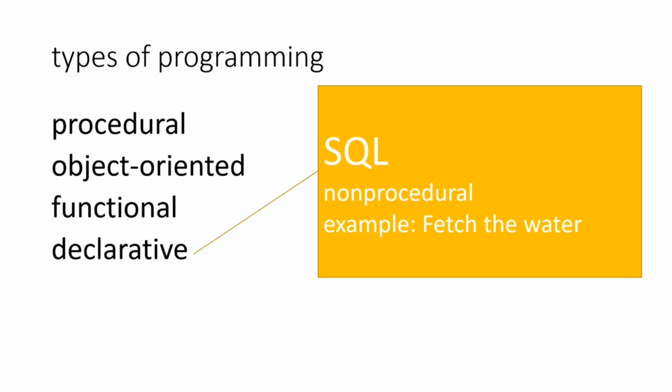For example, in procedural, if you wanted to fetch water down the stream, you need steps on how to do it. Like, step 1, get the container. 2, go to the stream. 3, fill the container with water. And in declarative, you only tell the program what to do, which is to fetch the water.